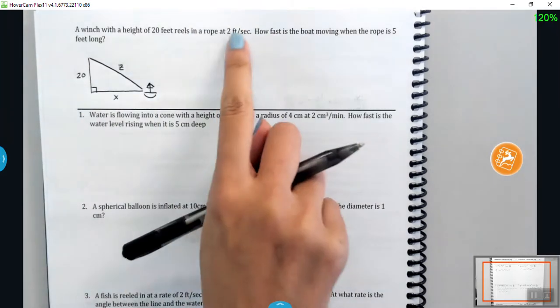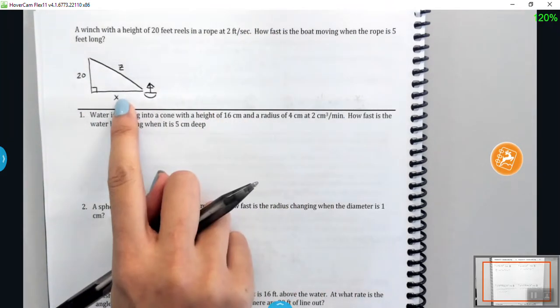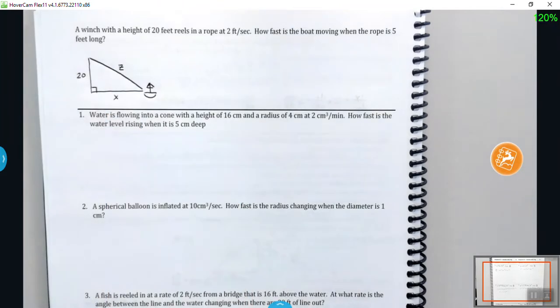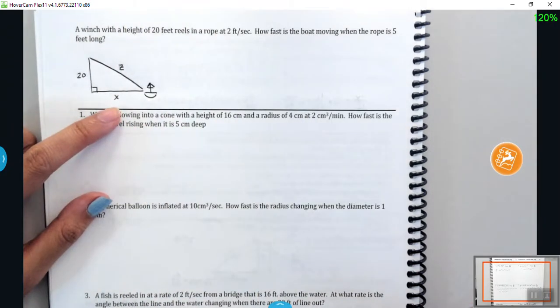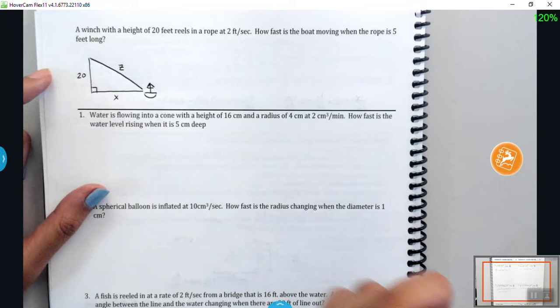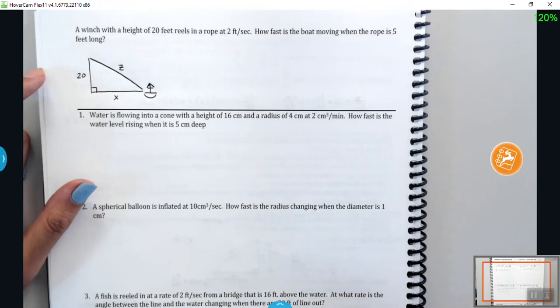So is 2 feet per second my dx/dt or dz/dt? What's the rope? The rope is dz/dt.